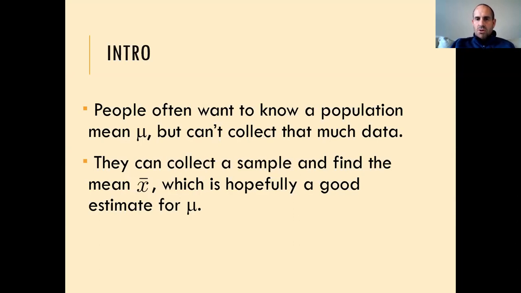The sample that you take from the population has statistics, and you can estimate population parameters with those statistics. And the question is, to what extent and how good of a job do our statistics do in telling us information about the underlying population parameters?